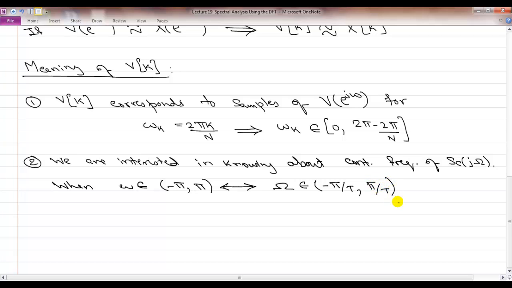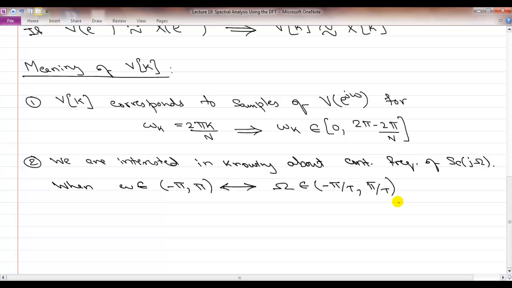But of course, a discrete frequency at, let's say, 2 pi doesn't correspond to a continuous frequency at 2 pi over T. We only get a frequency at 2 pi over 2 pi in the discrete world because of the periodicity of the discrete time Fourier transform.